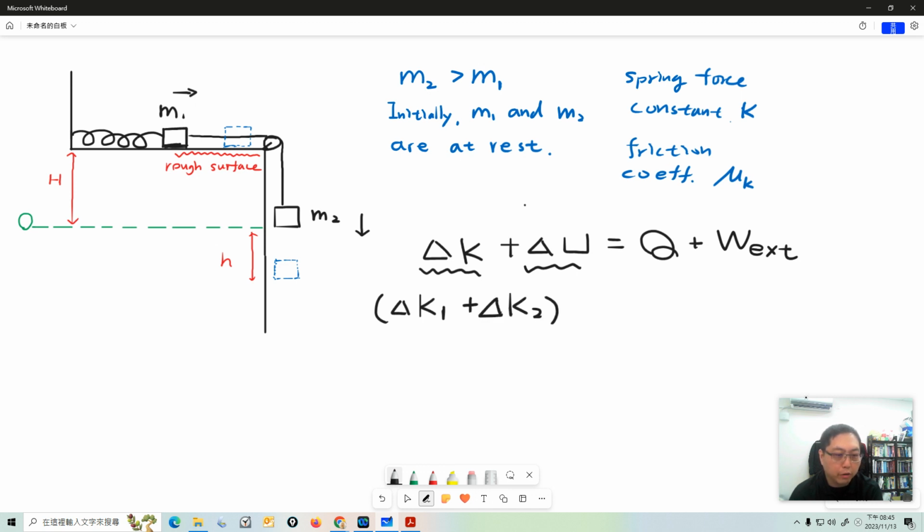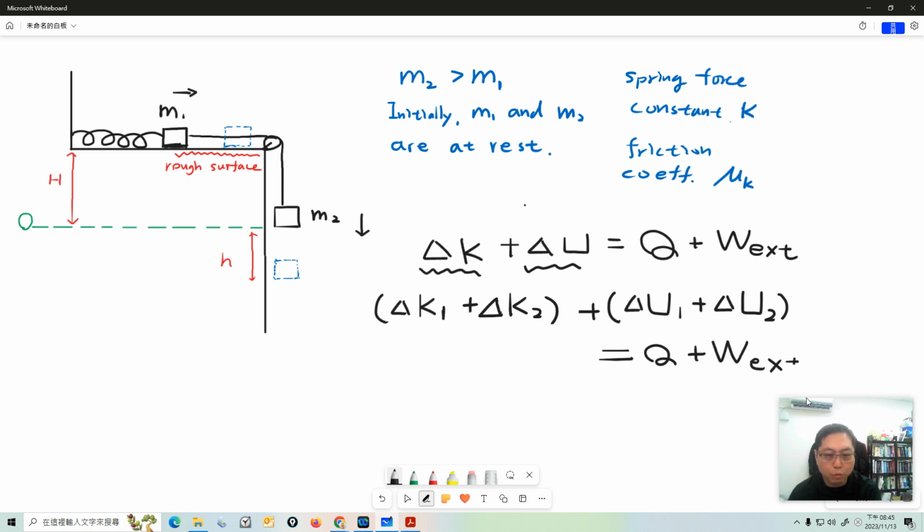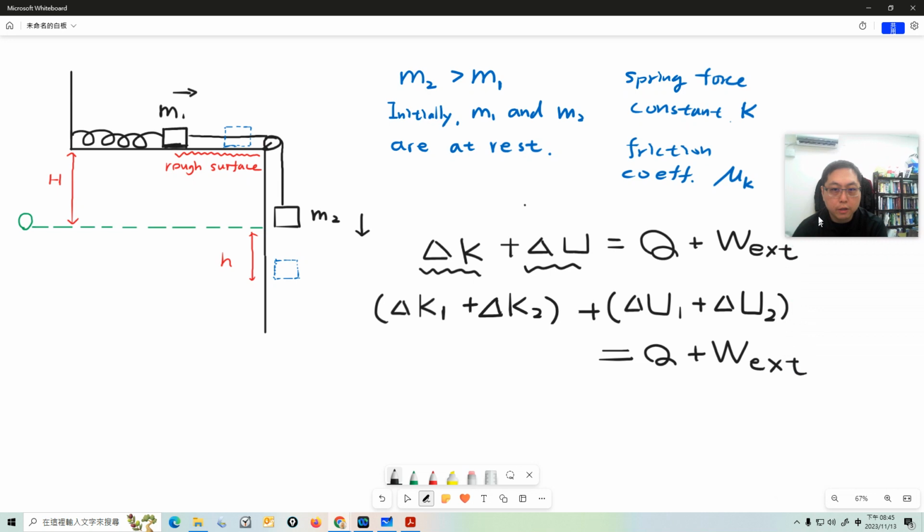The total kinetic energy difference of the system is equal to the differences of each component added together. Also the same for potential energy: the total potential energy difference of the system equals the potential energy difference of M1 plus that of M2. And that equals Q plus W, the work done by the external force.